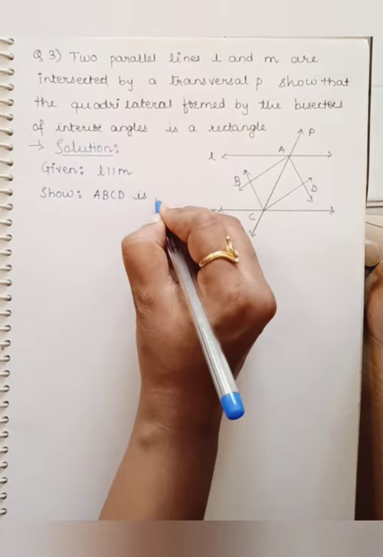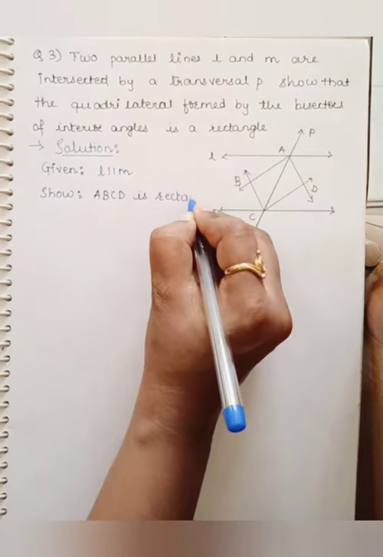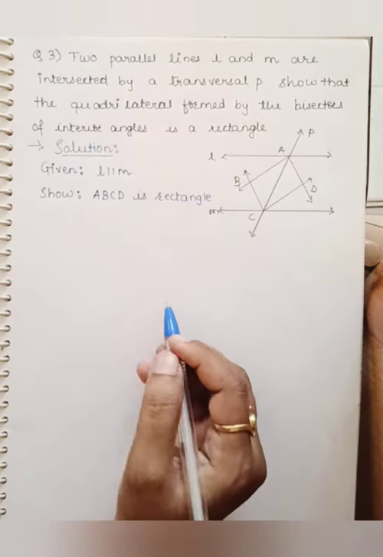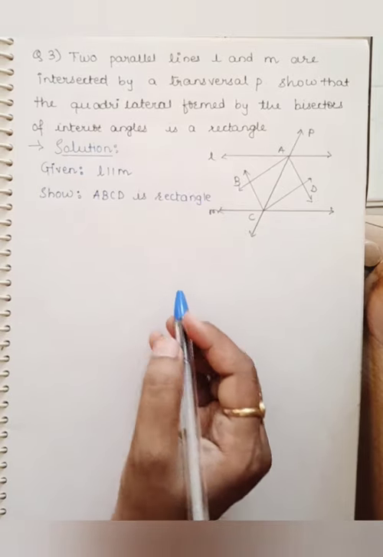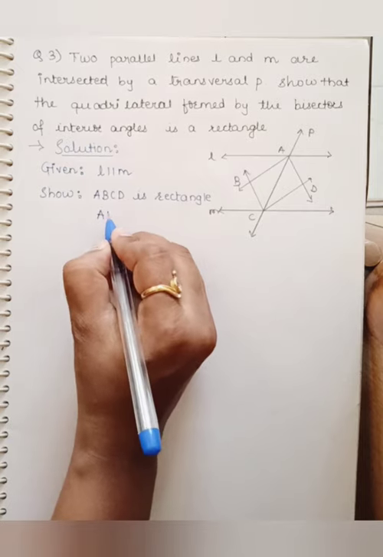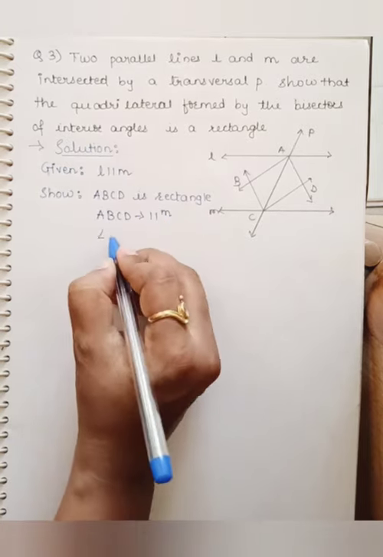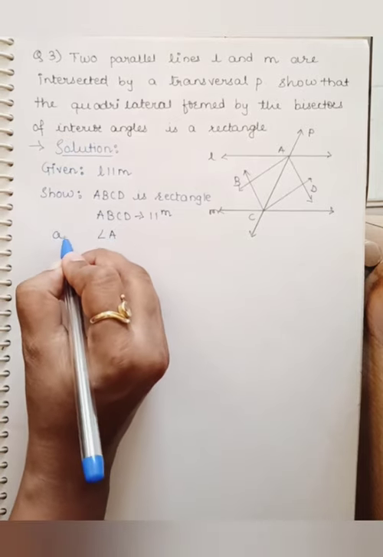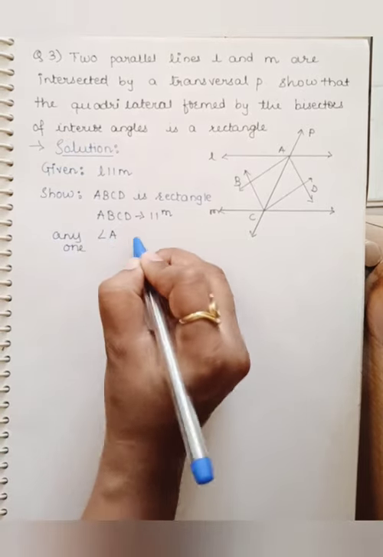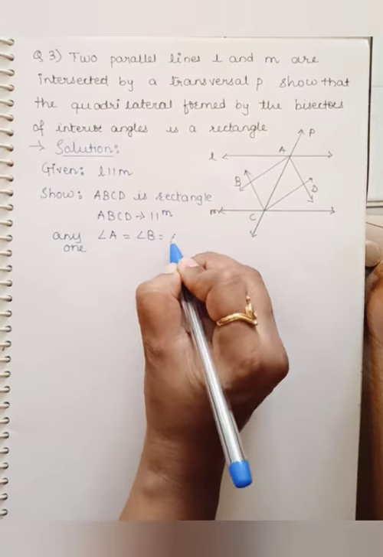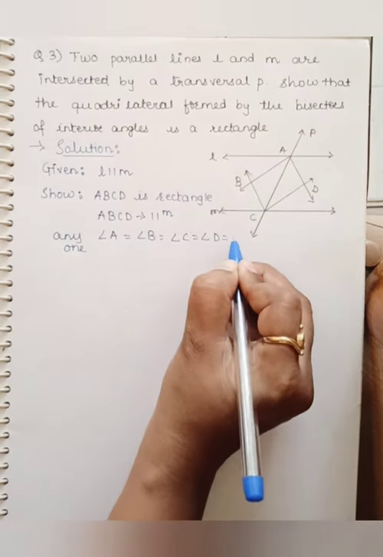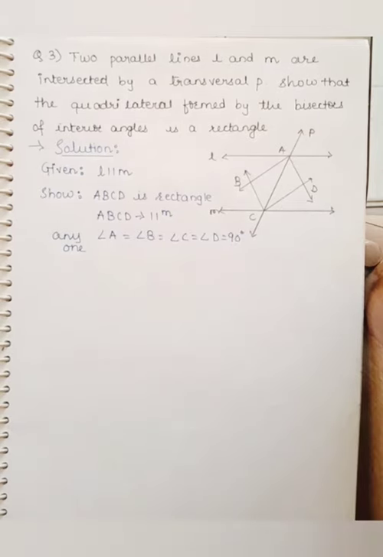See, now when you have to show it is a rectangle, you have to go by the basic definition of a rectangle. The basic definition of a rectangle says that first thing you have to show is ABCD to be a parallelogram, and second, any one angle, angle A or angle B or angle C or angle D, as 90 degrees, because just now we have seen that if any one angle of a rectangle is 90 degrees, it means the remaining three angles are also 90 degrees.